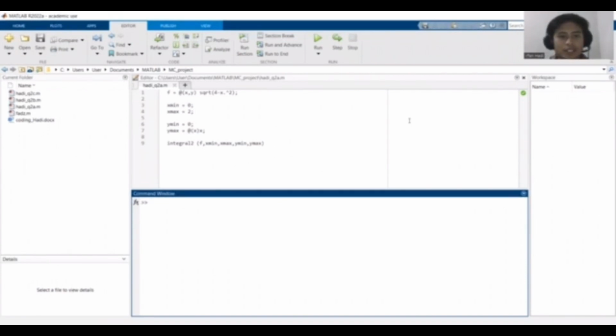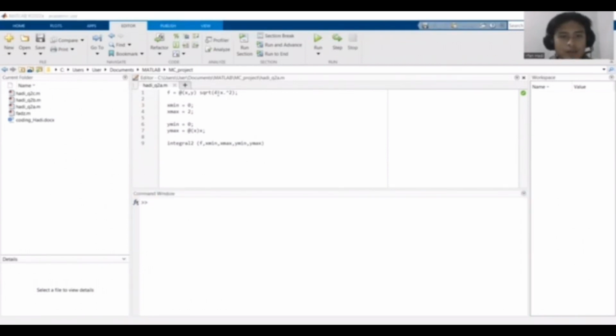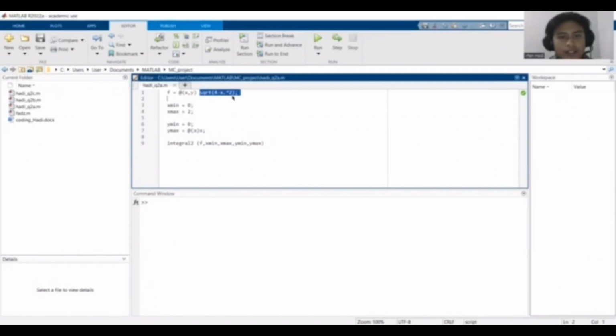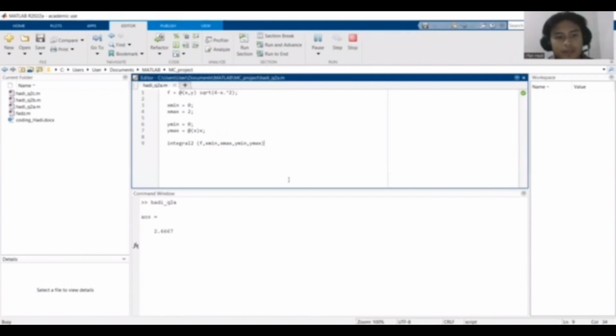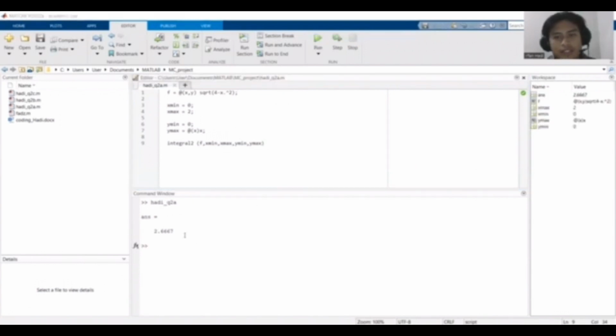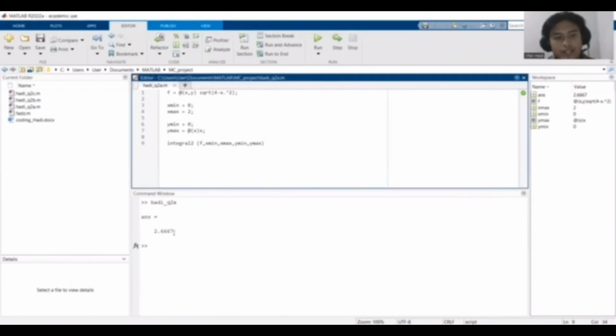For question A, this is my coding. This is for the Z that I differentiate, and this is for integration of X and Y. So I run, and I will get the answer, which is the same as the question.